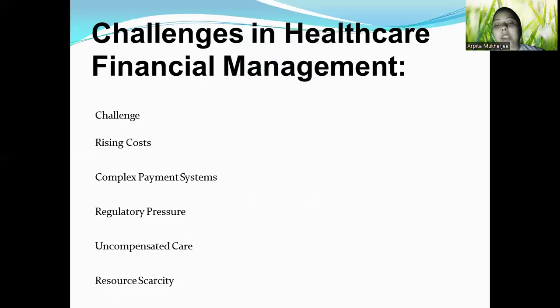Regulatory pressures, where adhering to strict government healthcare regulations, uncompensated care, where treating uninsured patients without reimbursement, and resource scarcity, limited funding versus growing patient demand, are some of the examples of challenges in healthcare financial management.